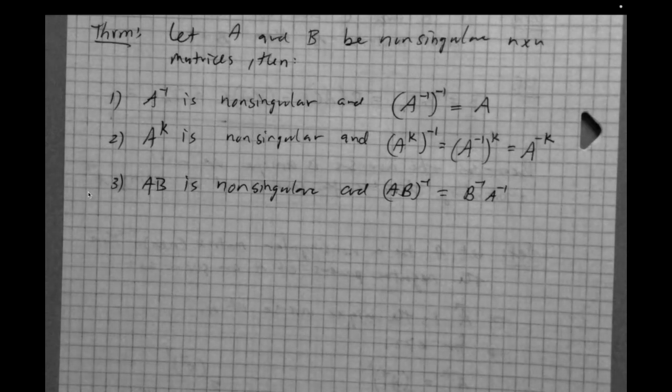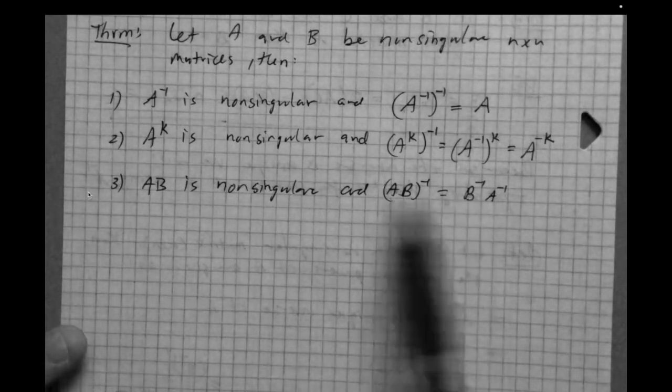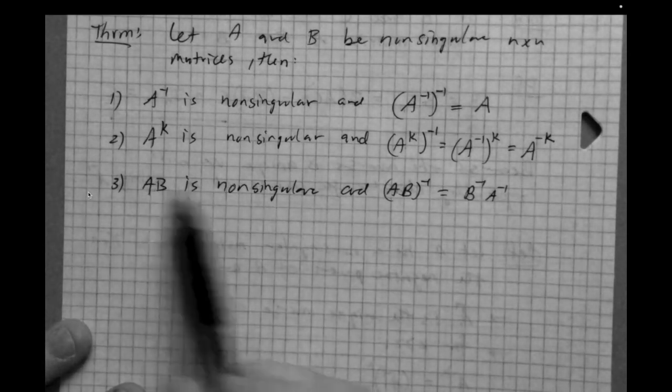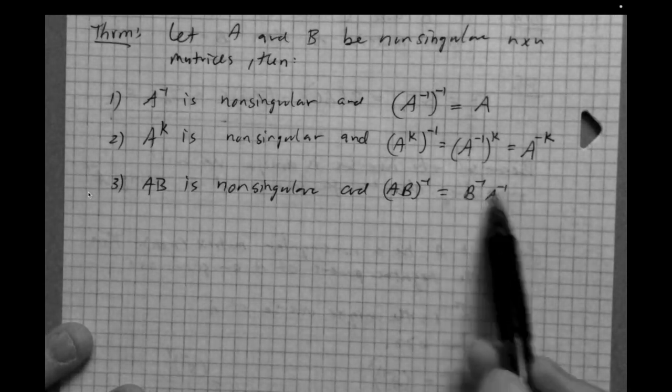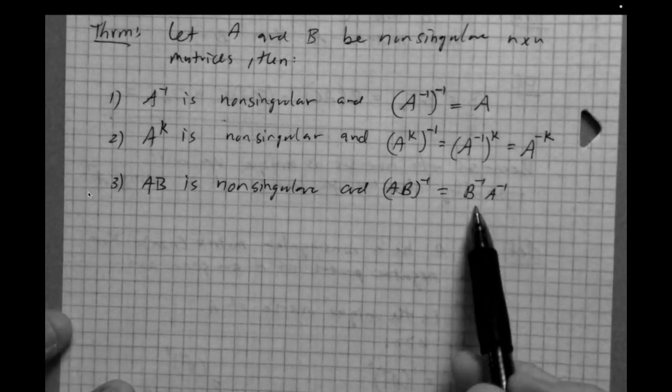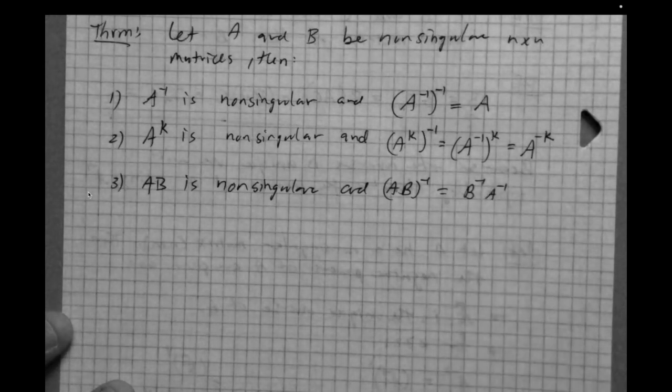So if I have A and B, and I know they're non-singular, and I know their inverses, then I know the inverse of their product, right? The inverse of A times B is actually B inverse A inverse. So the order reverses when we multiply together the inverse matrices. That's an interesting and maybe possibly unexpected result.